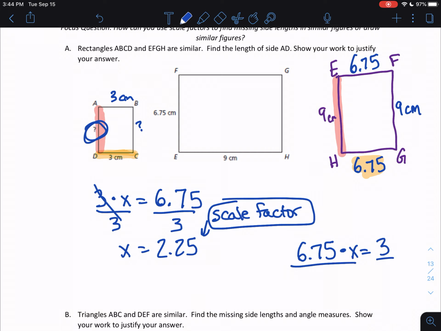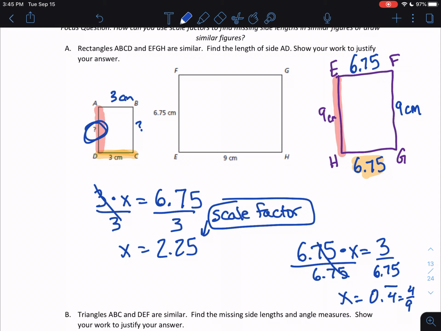We would divide both sides by 6.75 and get x equals 3 divided by 6.75, which is this awful number of 0.4 repeating, which I can tell you right now is 4/9.